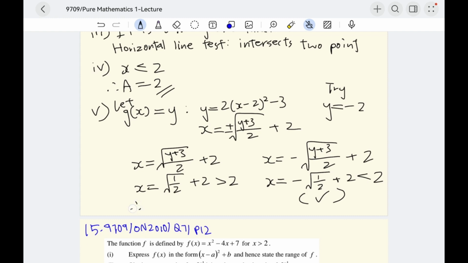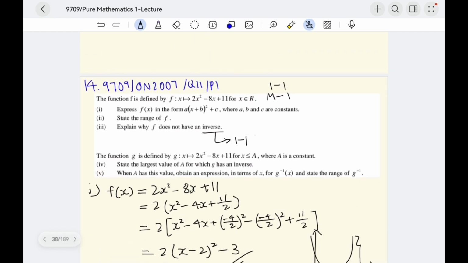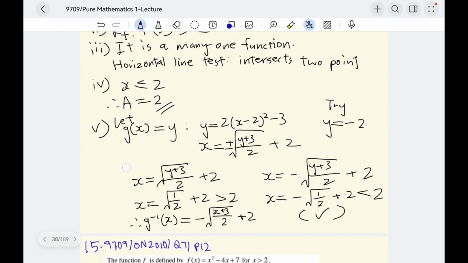So you need to rewrite what is the g inverse x. What is g inverse x? It is negative x plus 3 over 2, plus 2. And hence you need to state the range of the g inverse x.